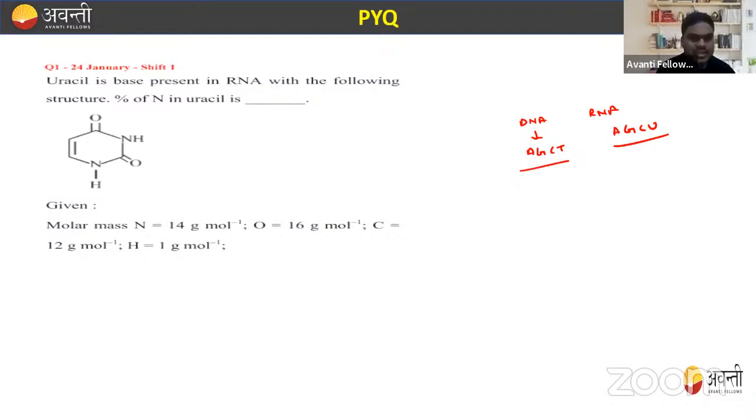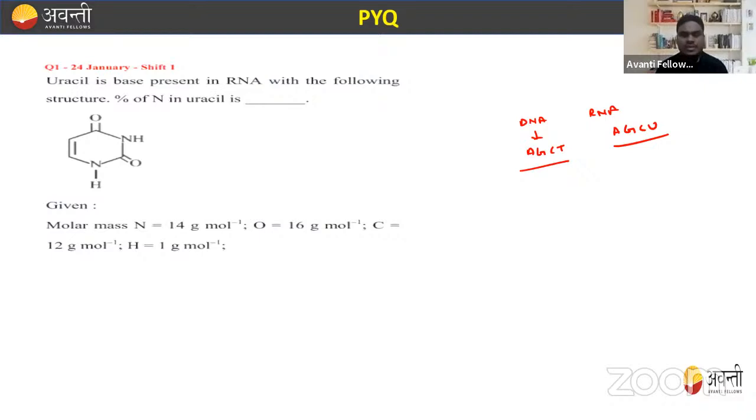So we know that uracil is a base present in RNA with the following structure. Now you have to calculate the percentage of N in the uracil. So how will you calculate the percentage of N, beta? Whenever you want to calculate the percentage of anything, we know that the molar mass of the particular substance divided by the total mass, into 100.